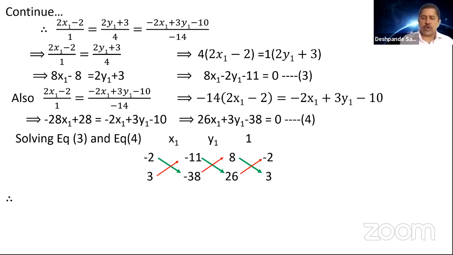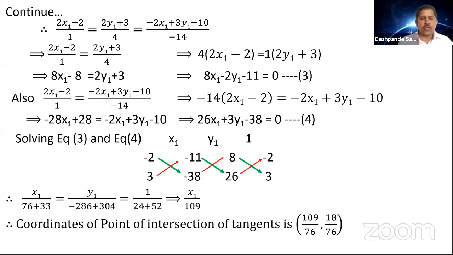So the first term you get is x1 divided by minus 2 into minus 38, which is 76. 3 into minus 11 is minus 33, but you are going in the opposite direction, so minus of minus, plus 33. Then y1 divided by minus 11 into 26, which is minus 286.